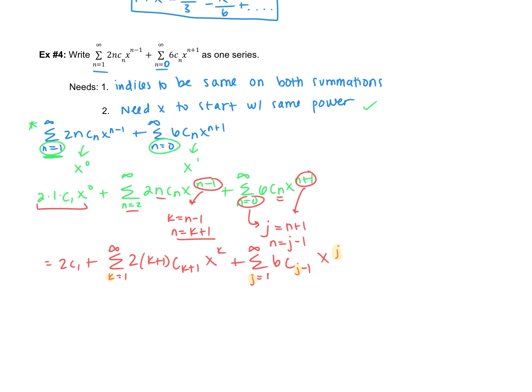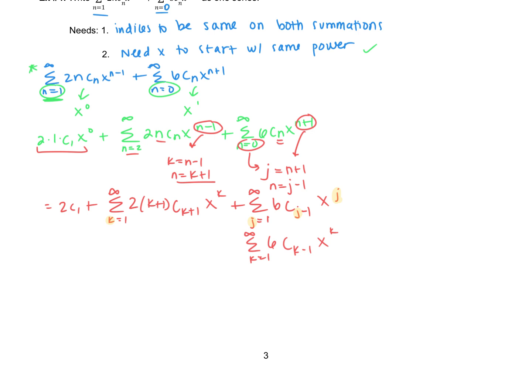So we're really thinking of that as the summation from k equals 1 to infinity of 6c to the k minus 1, x to the k. And so now, finally, this summation becomes, I still have that 2c of 1, but now both summations have the same indices, so that's going to be the summation from k equals 1 to infinity.